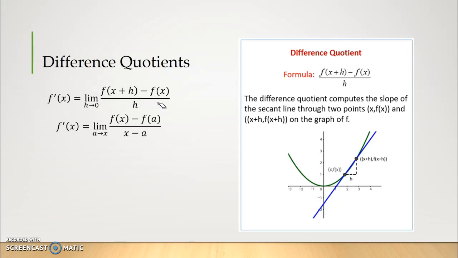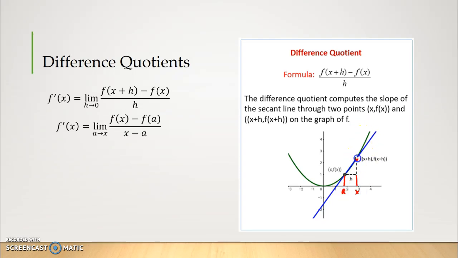And then the other way of thinking about slope is you have two different points. If you're on your x-coordinate, you have a point called x and a point called a, or maybe it's easier to think about it the other way, as a point called a and a point called x.